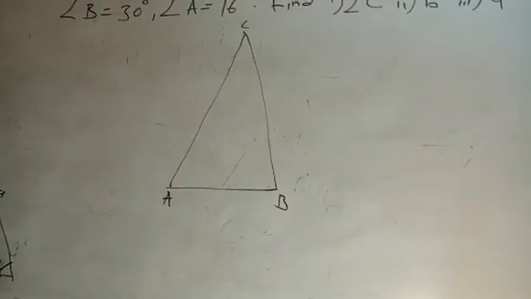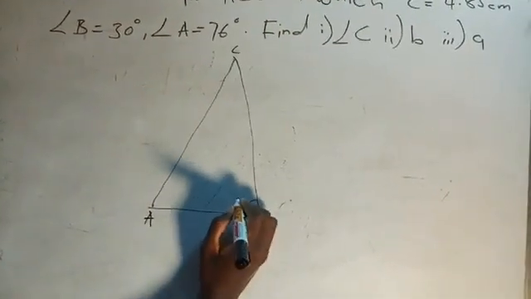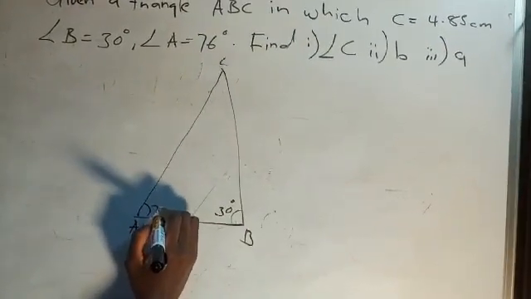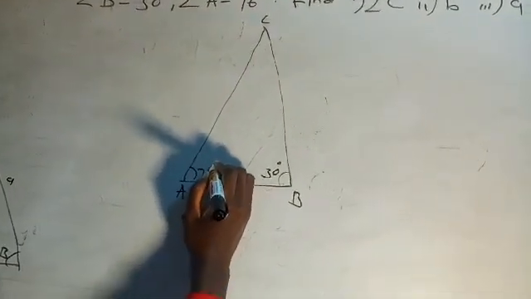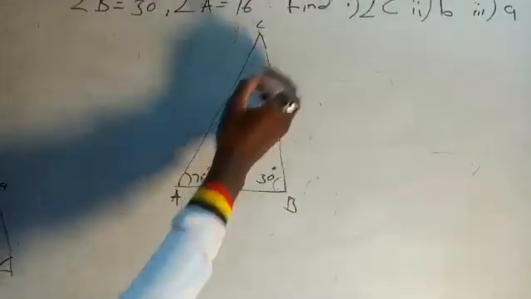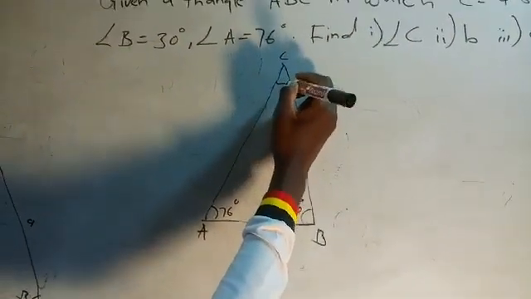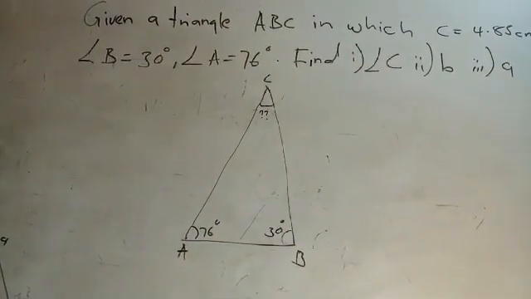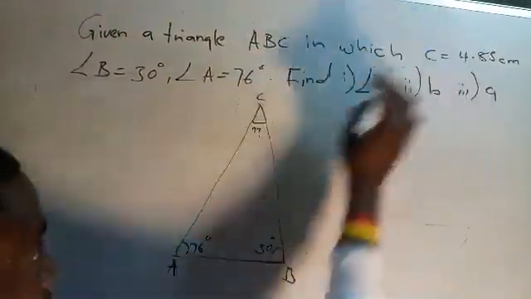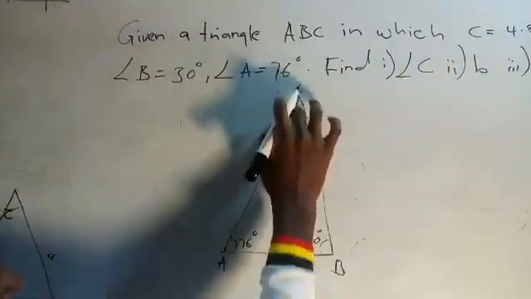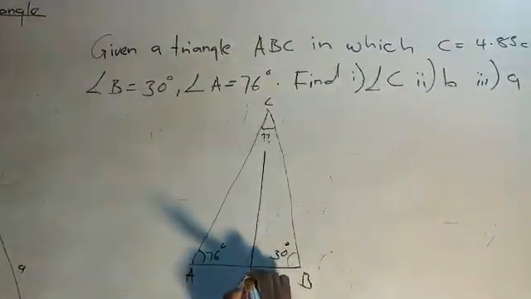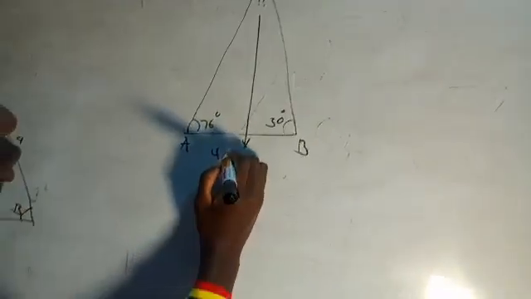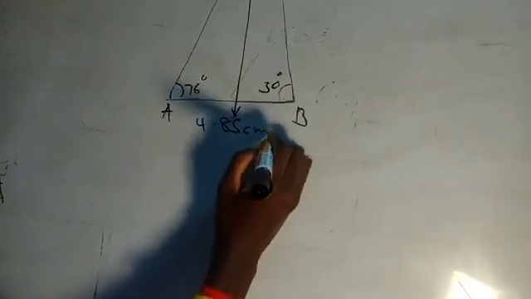They have told us that angle B is 30 degrees and angle A is 76 degrees. So angle C is unknown, but they have given us side c, which is down here, side c, which is 4.85 centimeters.